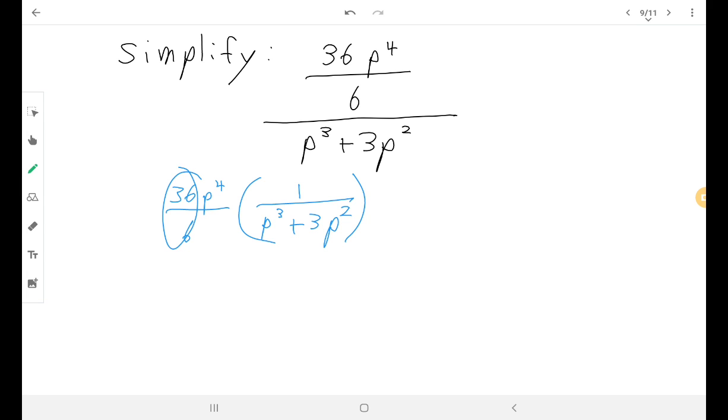Well, 36 divided by 6 is something that I can do. So let me just do that. 36 divided by 6 is 6. And then this p to the 4th, and so this whole thing as 6p to the 4th, I could multiply to the top and multiply by 1. So that'll just be the top of this fraction.